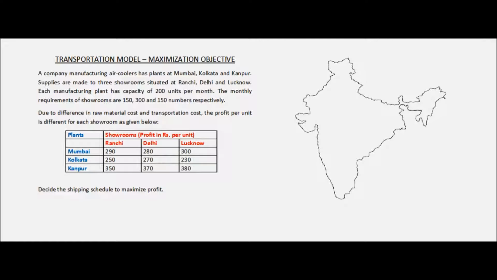Due to the difference in raw material cost and transportation cost, the profit per unit is different for each showroom as given to us. Now, a point to be noted here is that we have been given profit per unit of moving the material from Mumbai to Ranchi, Mumbai to Delhi, Mumbai to Lucknow and so on.